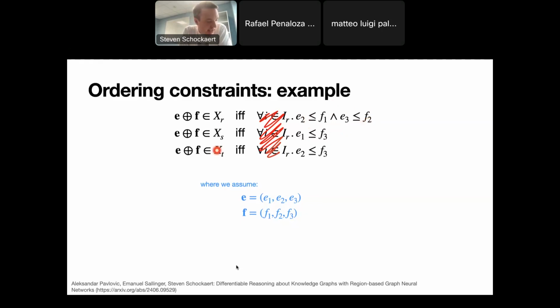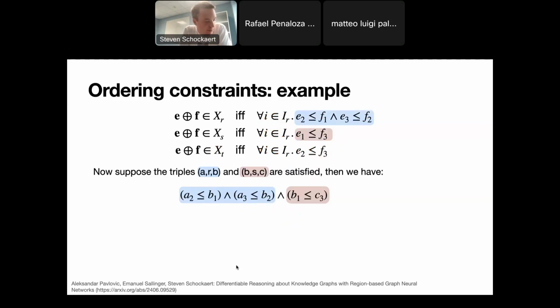For S, we have another inequality: the first coordinate of E has to be below the third coordinate of F. And for T, similarly, the second coordinate of E has to be below the third coordinate of F. So that's how the regions are defined.